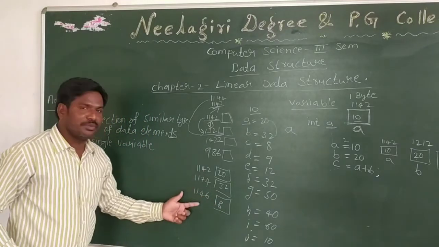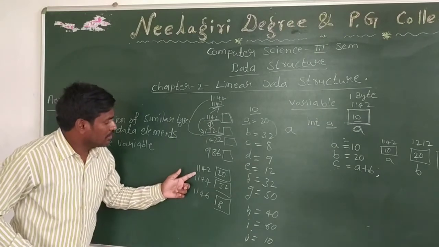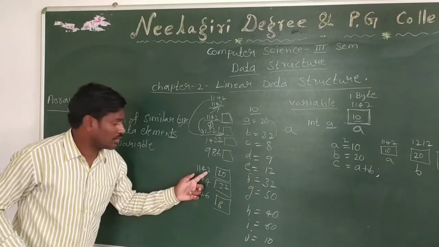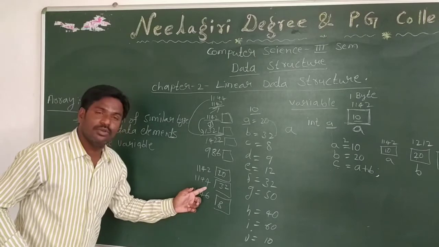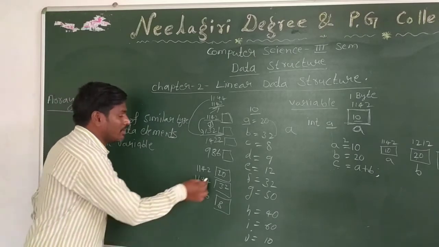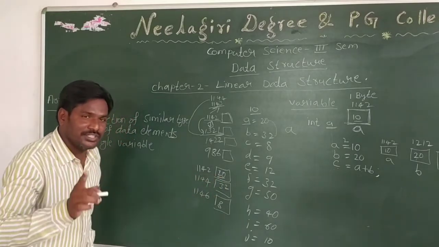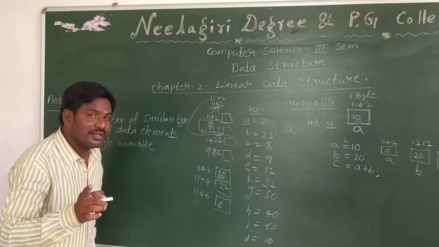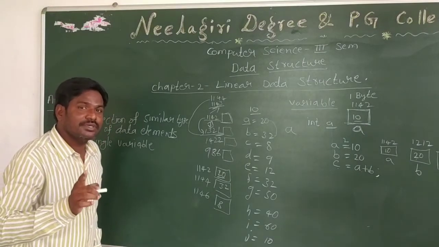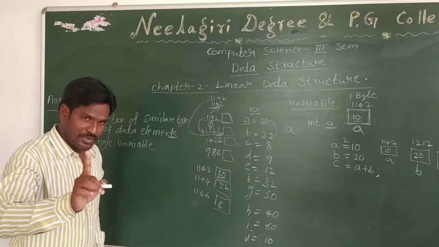That is a continuous memory location. You may have a doubt, sir, what about 1143 and 1145? Actually, 20 is an integer. We already said that to store integer numbers, we require 2 bytes of memory.